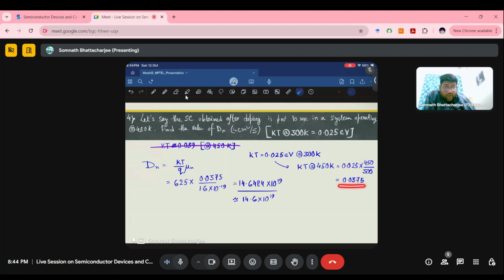So now it is 0.0375, and after multiplying, it is coming out as 14.6, which is inside the range 13.5 to 15.5. Previously, with the earlier value, it was coming out as 18 point something, which is beyond the range, so I was confused why it was not matching the answer.